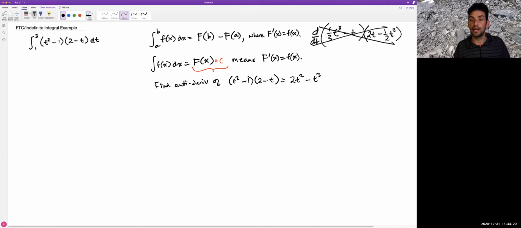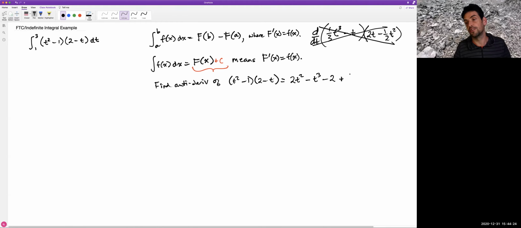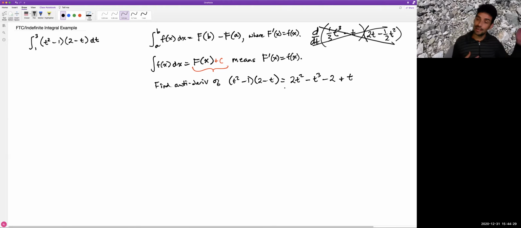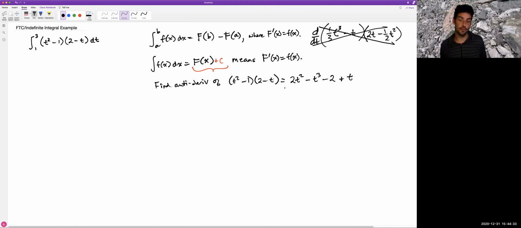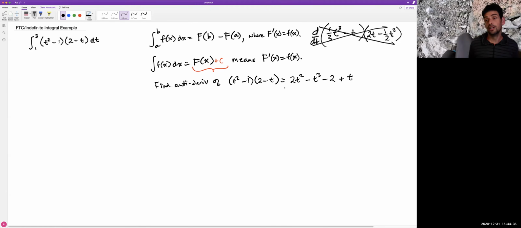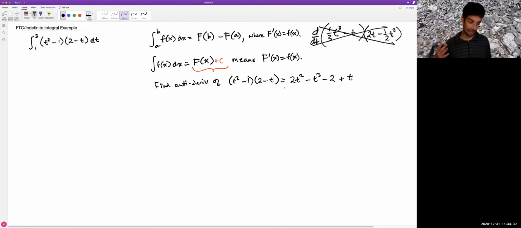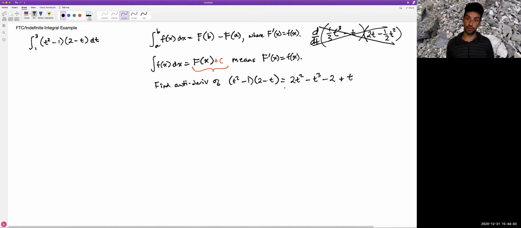Then minus 1 times 2 is minus 2. And then I've got a plus t. That expression is a simple sum of power functions. It's a polynomial, and these are among the easiest derivatives and antiderivatives to take.